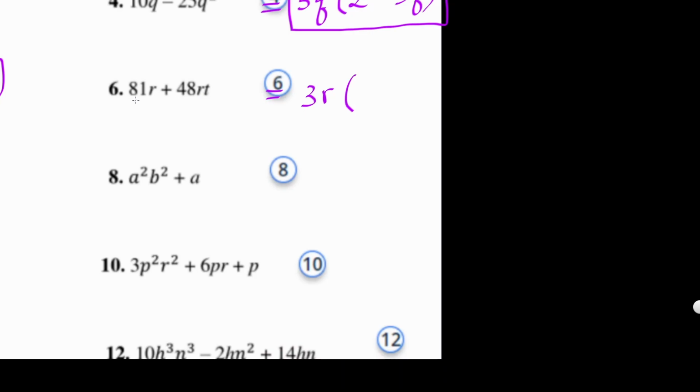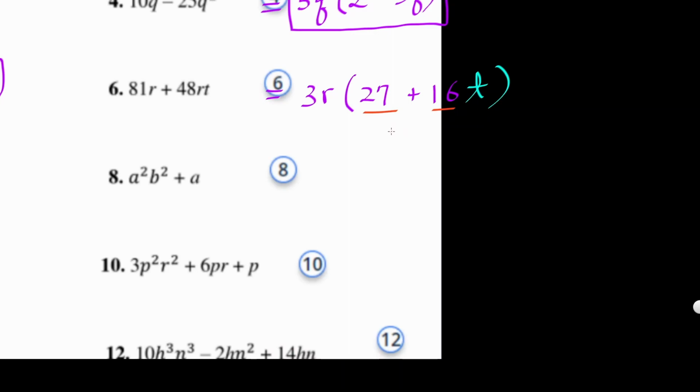Let's see. So 3 times what is 81? 27. And then plus 3 times what is 48? 3 goes into 4 once. Then 16. And then, I'm sorry, let me change the color here. So there's T left here. Okay. Now you got to think more. Do they share any common factor for 27 and 16?